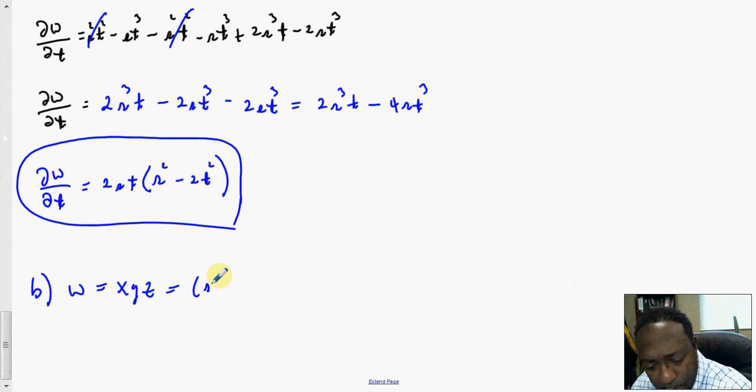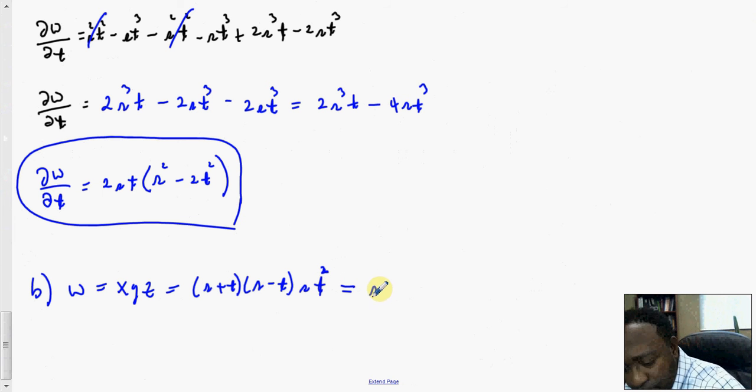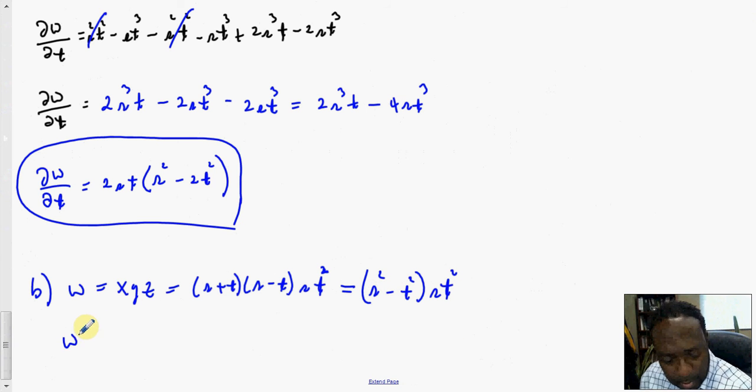So this is s plus t times s minus t times s t squared. Let's simplify that. This is s squared minus t squared times s t squared. And so w is s to the third t squared minus s times t to the fourth.